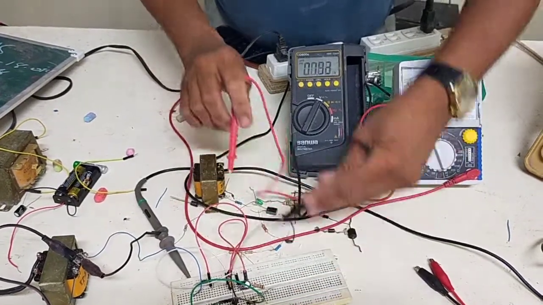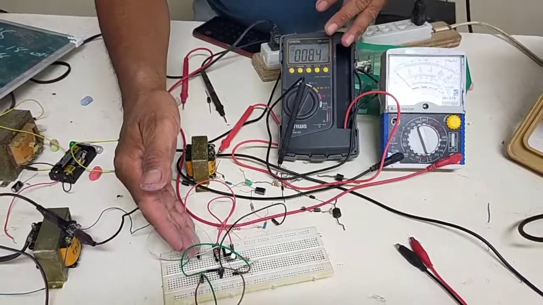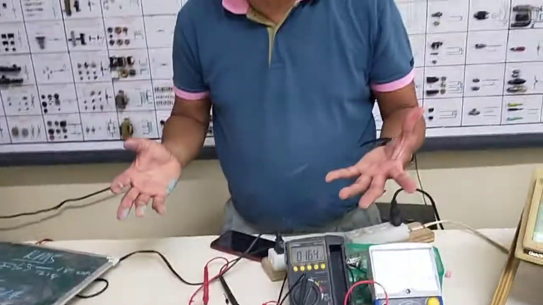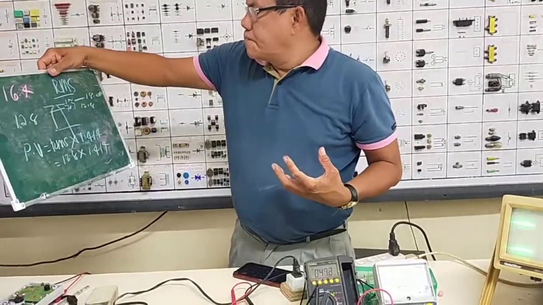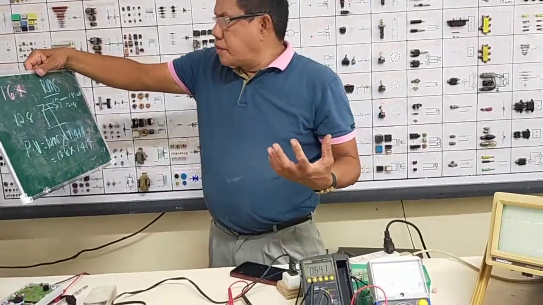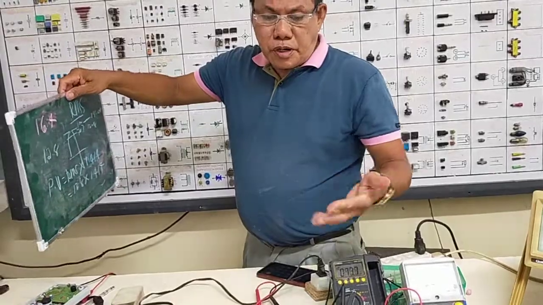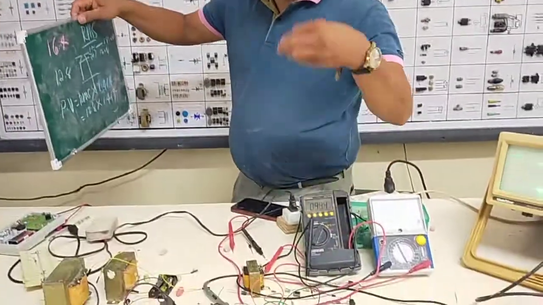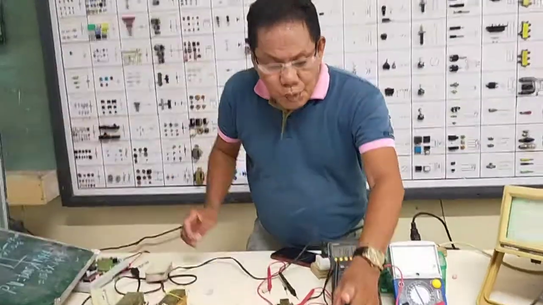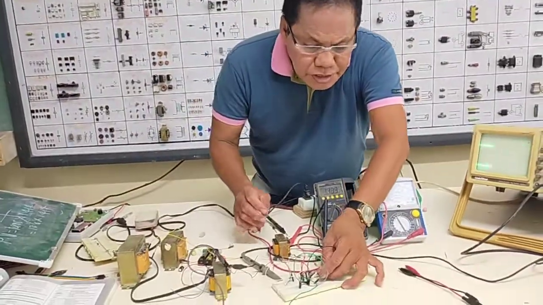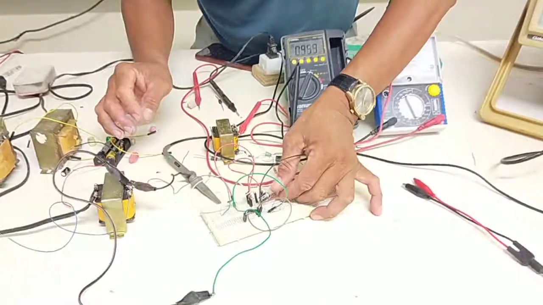It is 16 volts because diodes and other components drop voltage. So the remaining voltage now is 16.4 across the capacitor. It is DC. But with the Zener diode as a regulator, what happens?